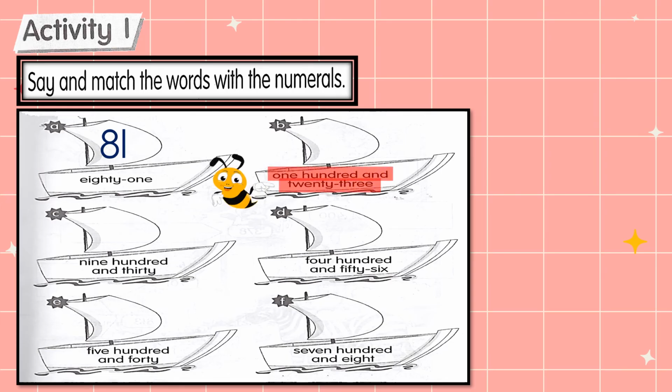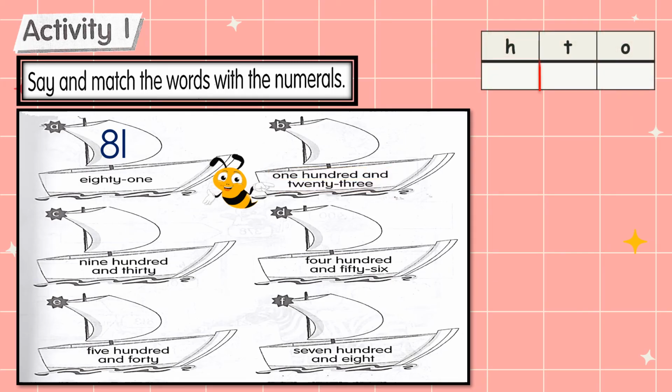123. How to write in numeral? Let's use the place value chart. We start from hundreds place. Look at the word 100. So we write number 1. Let's continue with tens and ones place. Look at the word after n.